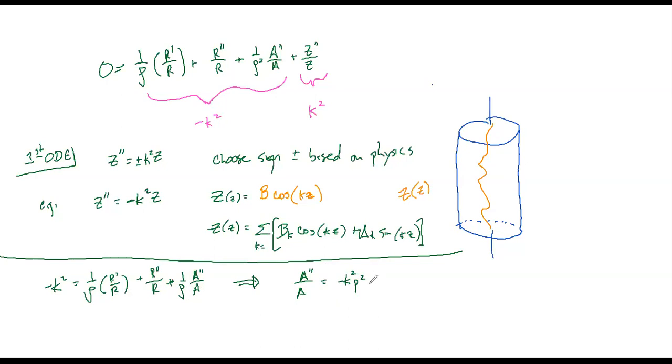Oops, yeah, this is a squared. k squared rho squared minus rho R prime over R, and then minus rho squared R. Yep. Okay, so now this is separated.